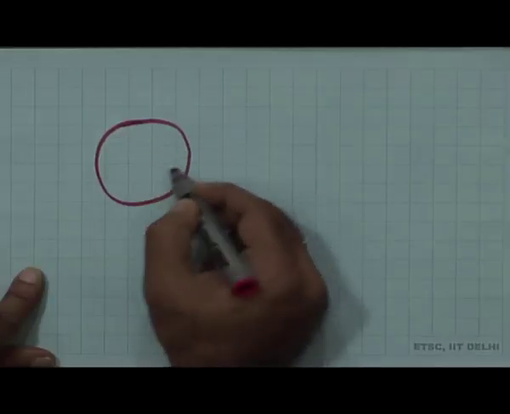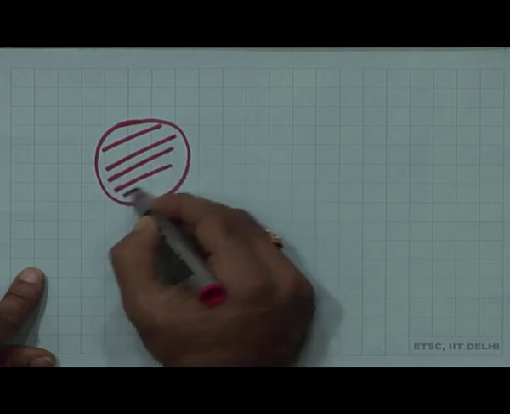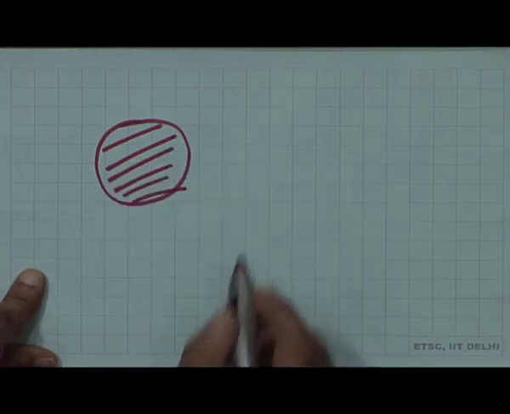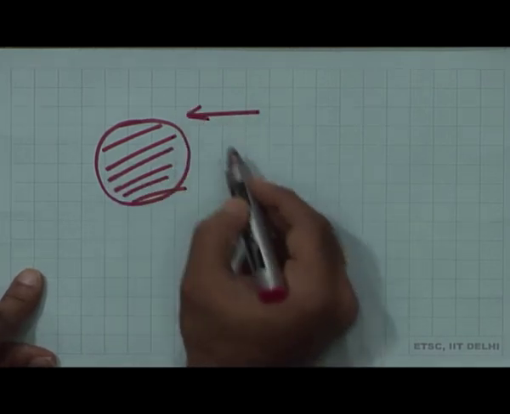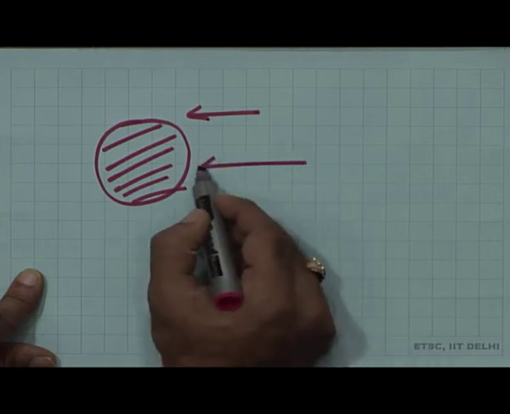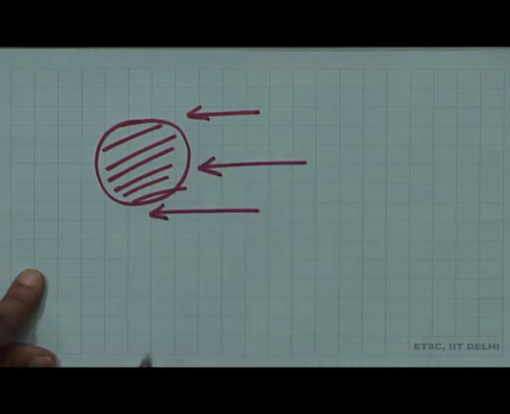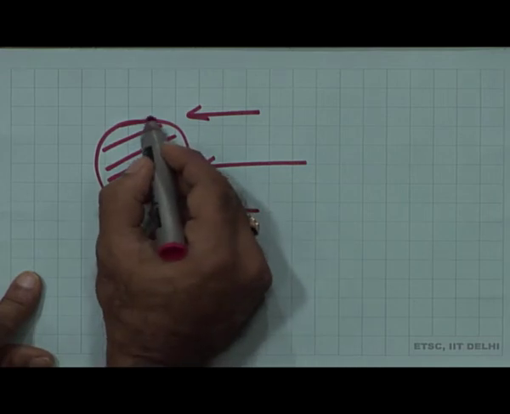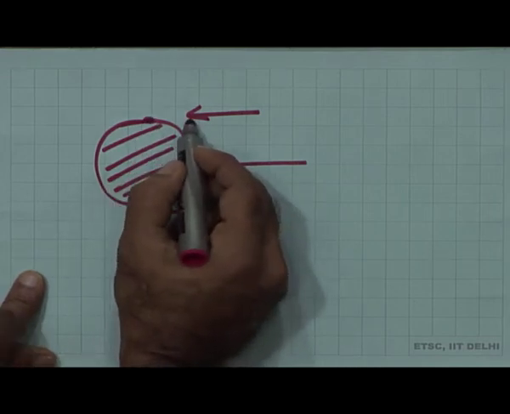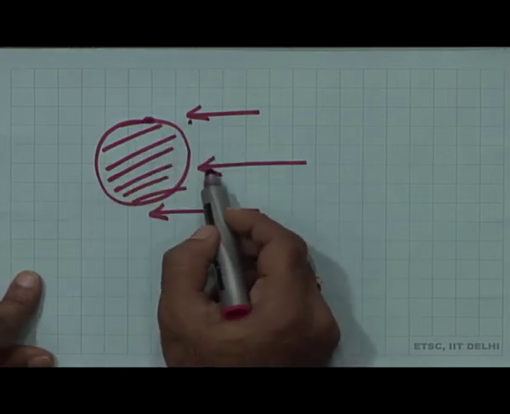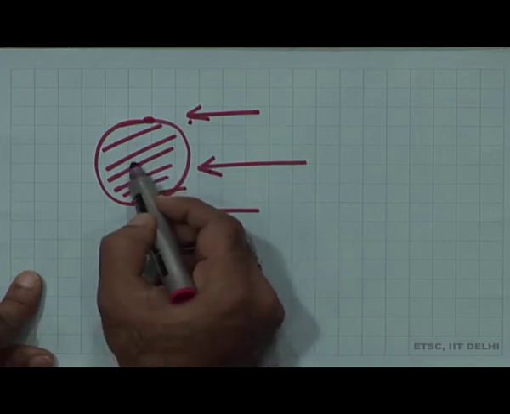Now there is one more interesting thing that we have to worry about. If you have a uniform positive charge of this particular kind, and let us say two alpha particles of the same energy are coming, one head on and one at the periphery. Now whatever is coming near the periphery experiences a larger electric field compared to the one that has already penetrated.